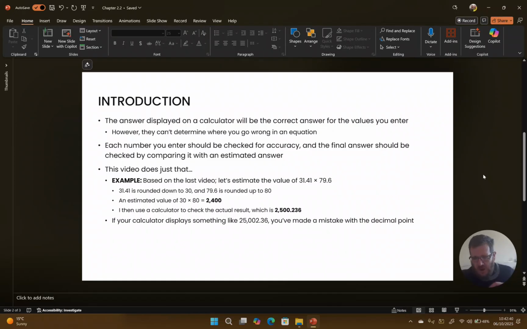So based on the last video, let's estimate the value of 31.41 times 79.6.